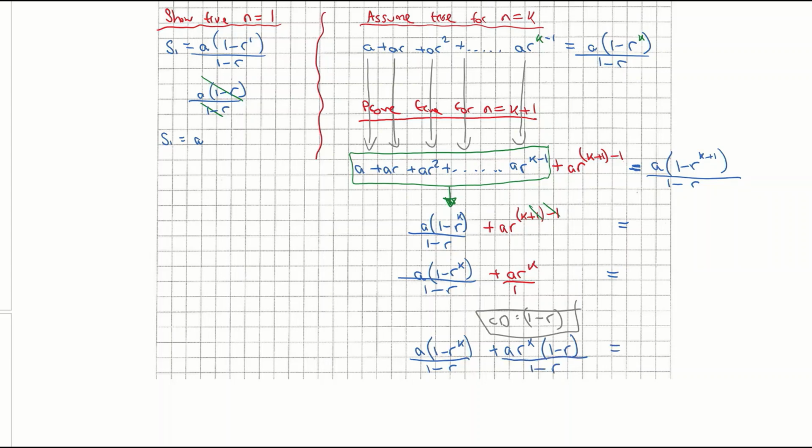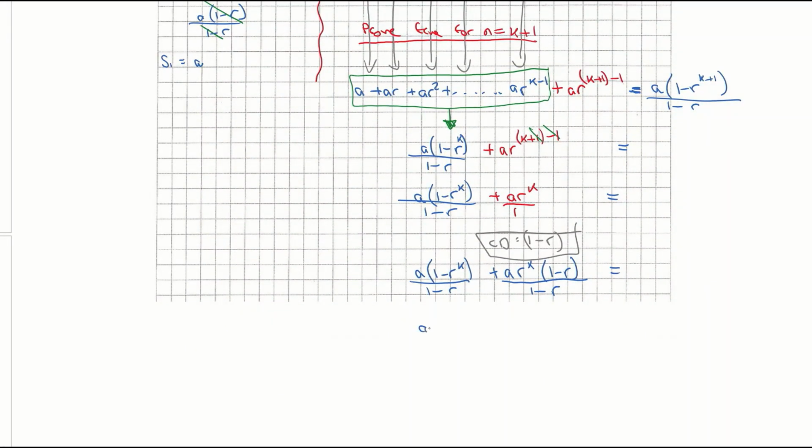And again, I'm trying to prove that that's equal to the right-hand side. Making it a single fraction now, I'll have a times 1 minus r to the power of k plus a r to the power of k times 1 minus r all over 1 minus r. I'm now going to multiply in the factors. So if I'm multiplying this a and multiplying this a r to the power of k into the second bracket, so I get 1a minus a r to the power of k plus 1a r to the power of k minus a r to the power of k times r.